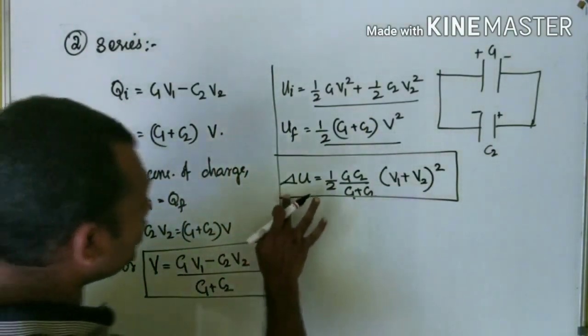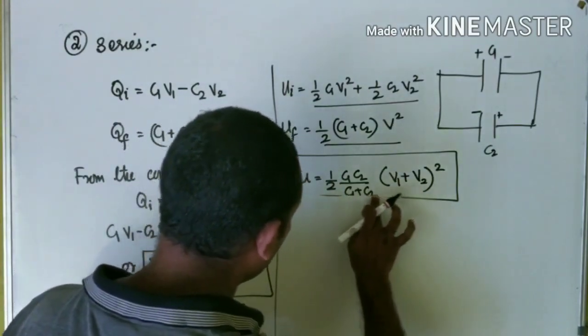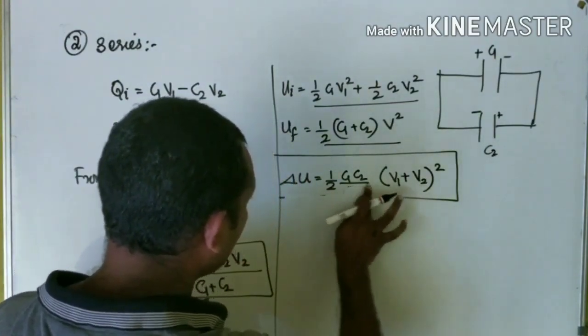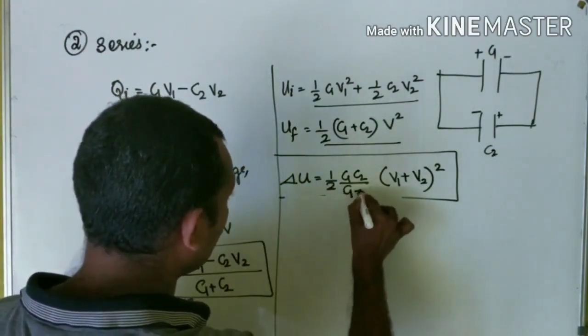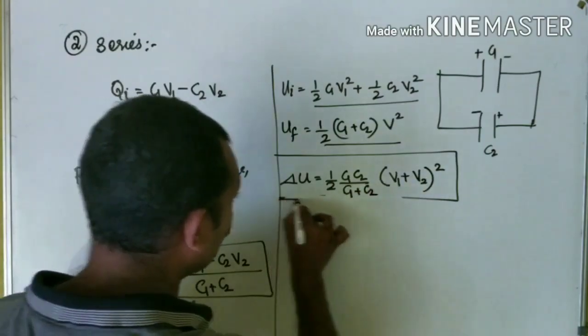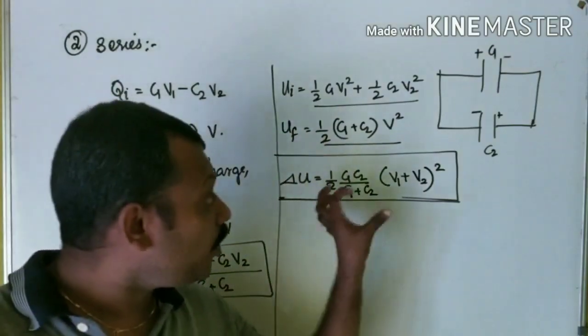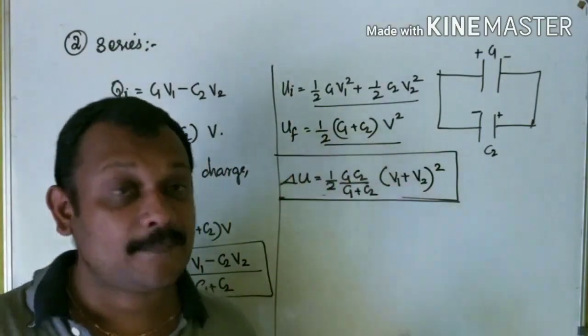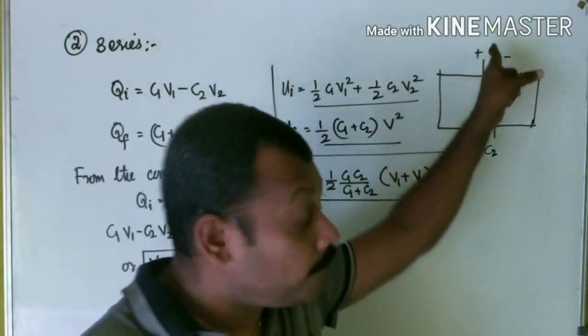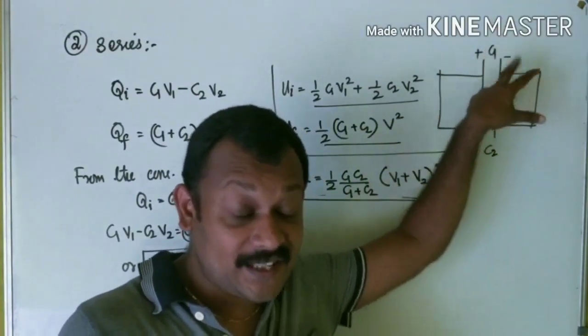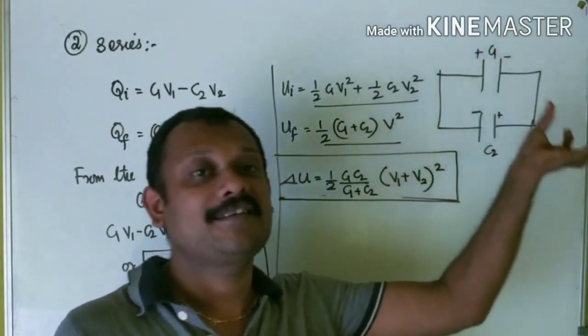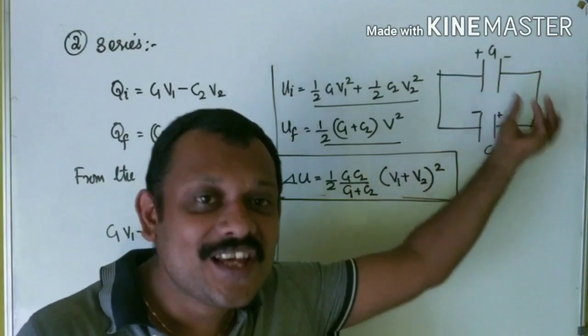The answer is half C1 C2 divided by C1 plus C2 into V1 plus V2 the whole square. This is the loss of electrostatic potential energy when the capacitor plates are connected in series.